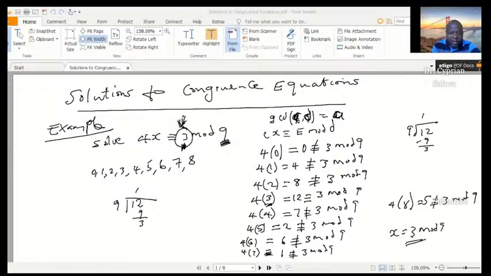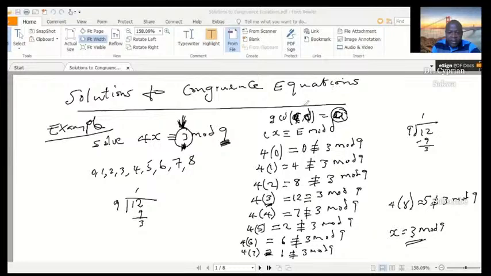If that GCD divides this remainder, it means this congruence has a solution. So how many solutions? The solutions will be equal to the GCD. So if the GCD is 1, and that 1 divides this number, then this congruence has one solution.